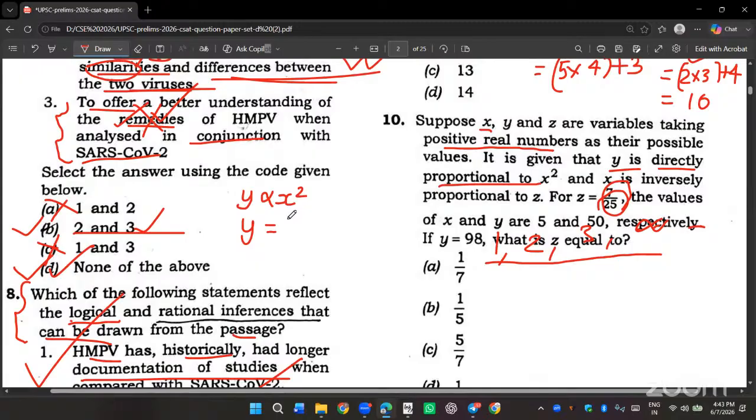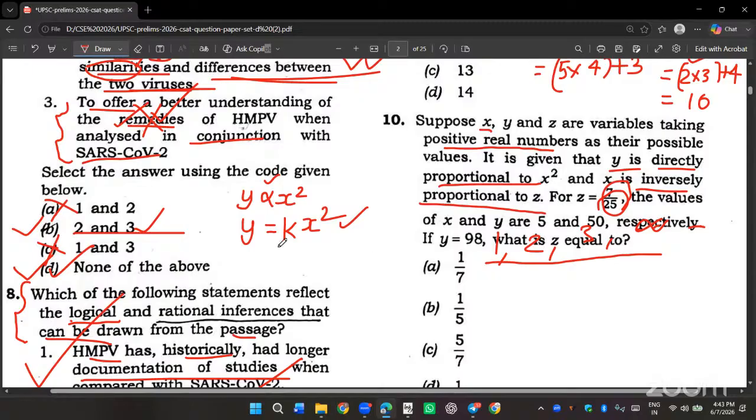Don't worry about it. The constant may be k, any constant. Constant of proportionality. Since I remove this proportionality symbol, I add this constant. So y is equal to kx square. I have got an algebraic expression. Good. Then x is inversely proportional to z.